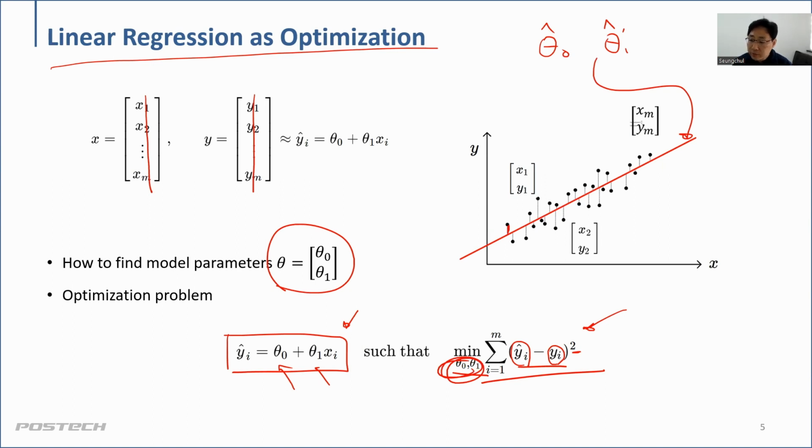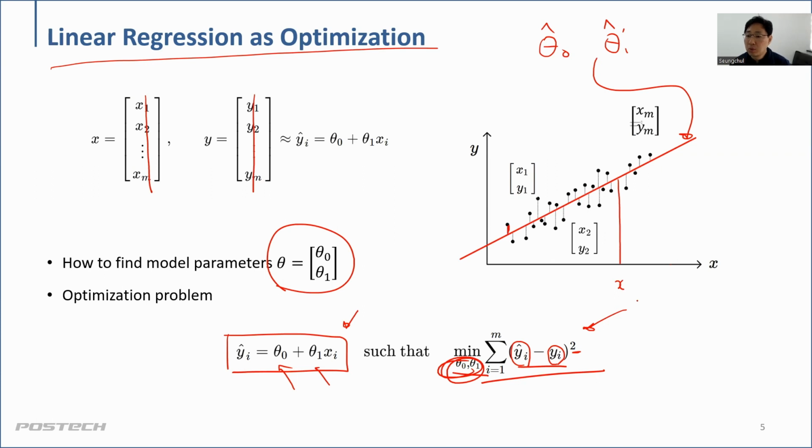The purpose of having this model is this: suppose you have certain data points, and what if you have new observations as input?